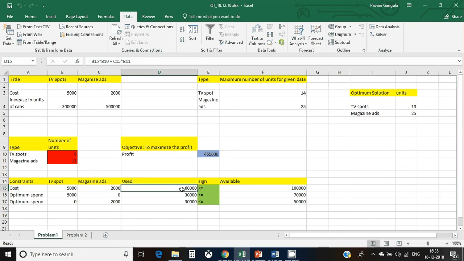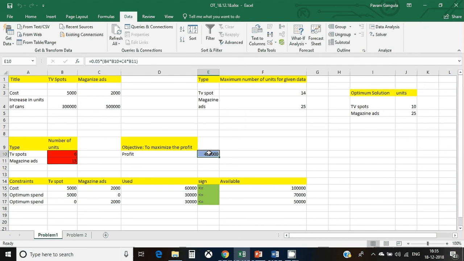And this optimum spend is given by B15, that is cost incurred by each TV spot into the total number of units of TV spots plus 2000. That means the cost incurred by each magazine ad multiplied by the total number of units of magazine ads. It shouldn't go beyond $1 lakh.